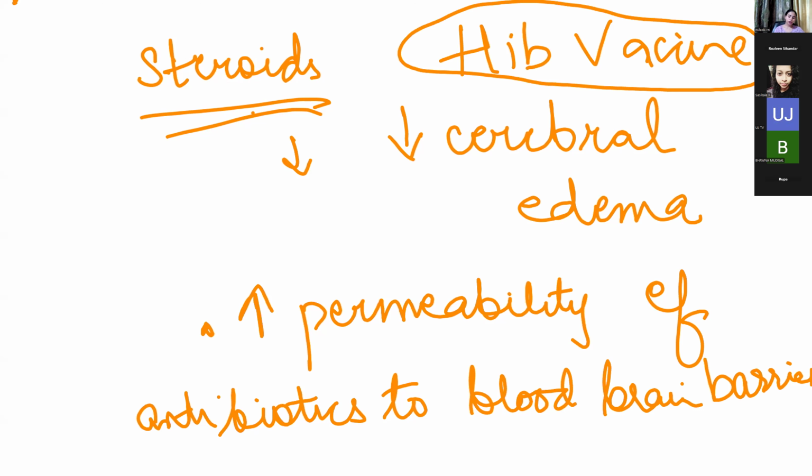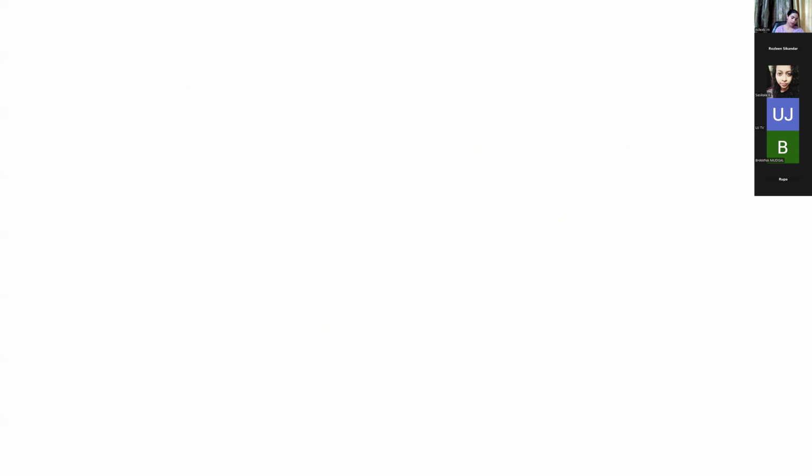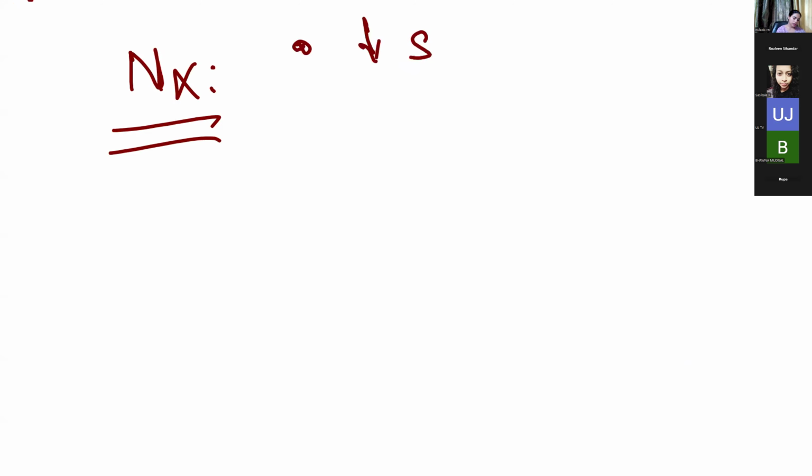Now there are a few nursing interventions which you need to keep in mind based on your NCLEX. If a patient of meningitis is assigned to you, you need to keep these things in mind. First is decrease stimuli. What is the reason for decreasing stimuli?